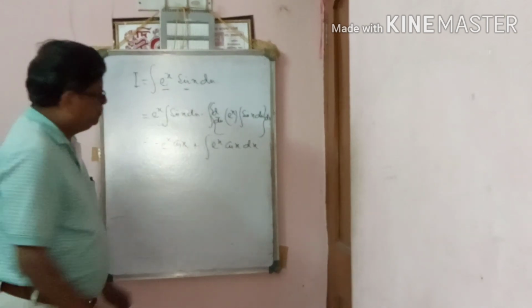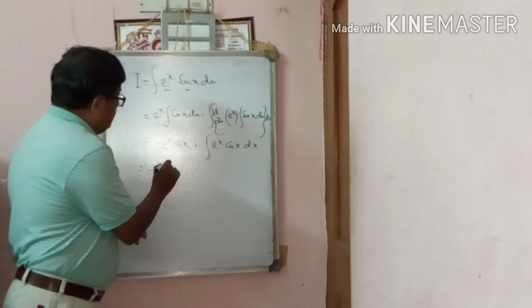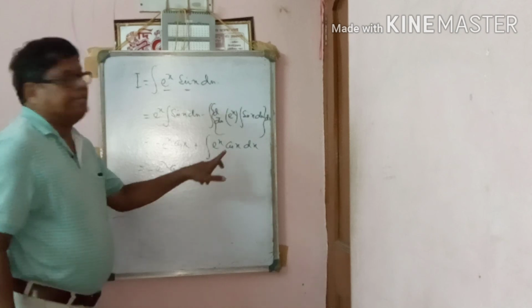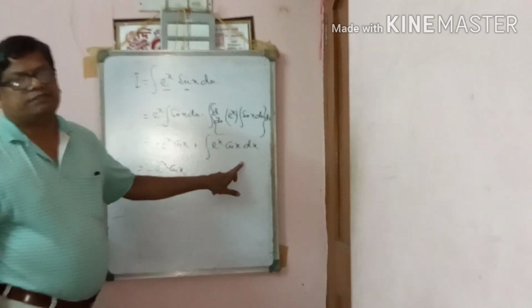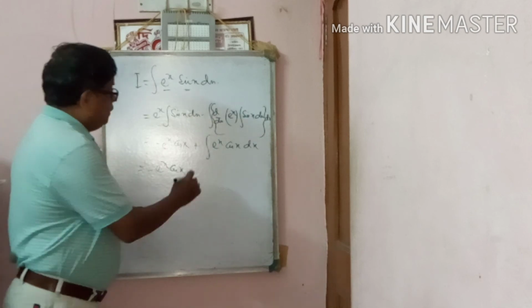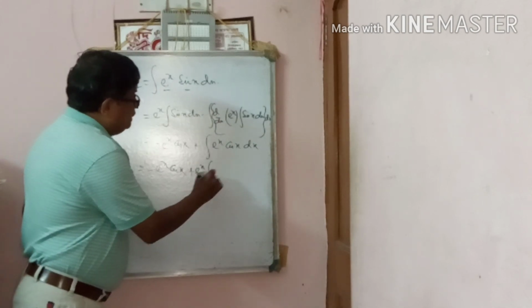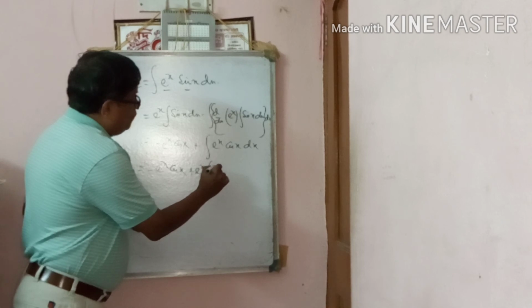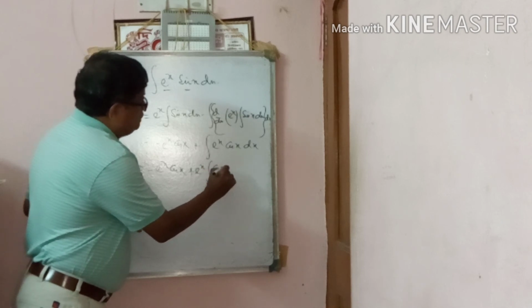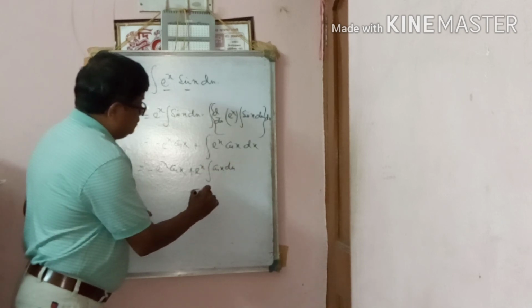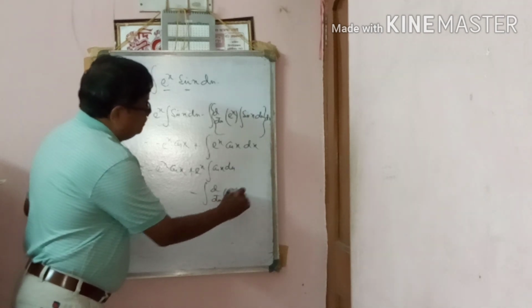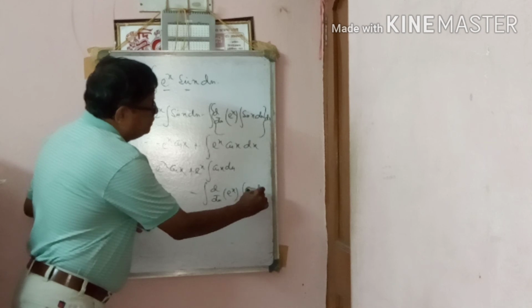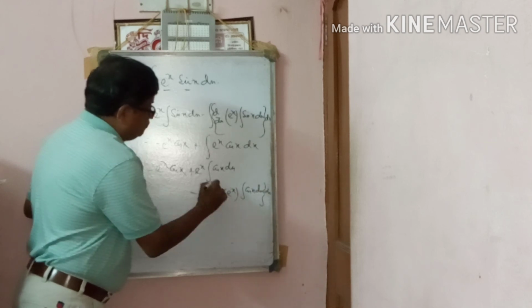Again by parts: one is first function, another is second function. So write plus e to the power x, again cos x dx minus d/dx of e to the power x, integration of cos x dx, whole dx.